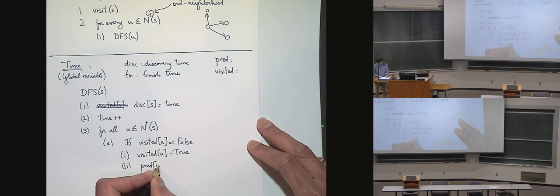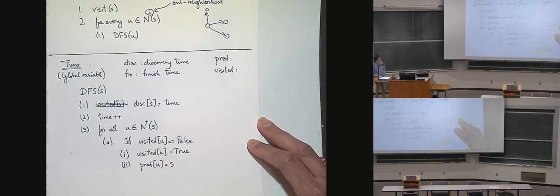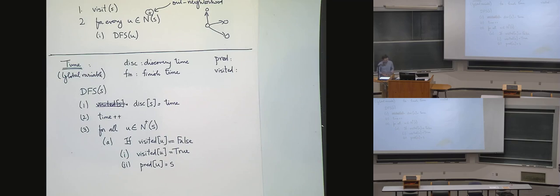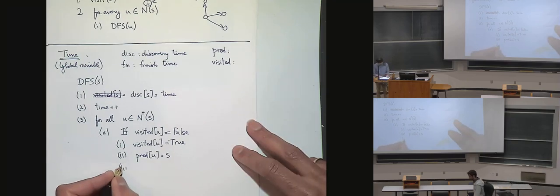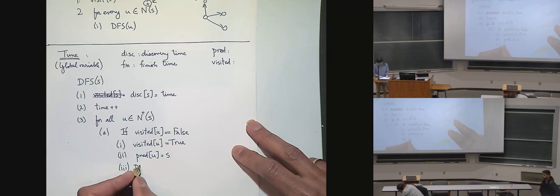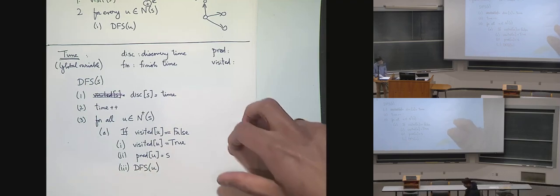I set the predecessor of u to be S. And then I just do a recursive call for DFS of u.